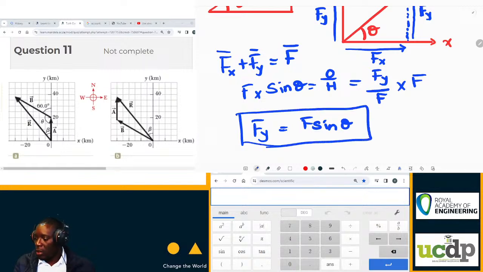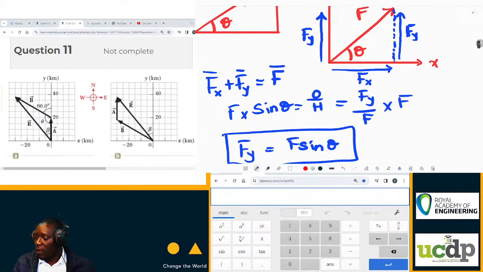So already this is Fy, and Fy is basically the component that is on the other side of the angle that's subtended by the force, which is the vector, and its cos theta component and its other component.